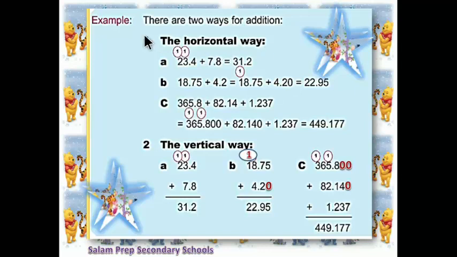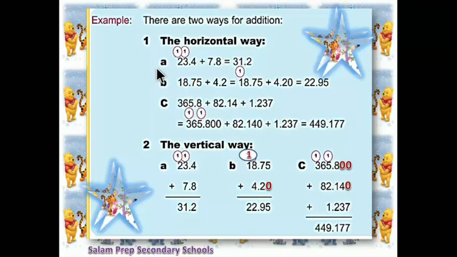Okay? There are two ways for addition: the horizontal way and the vertical way. Now we will start with the horizontal way. We can add decimal numbers in the horizontal way.